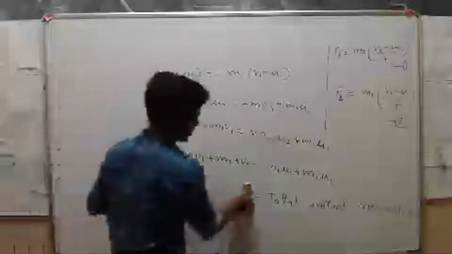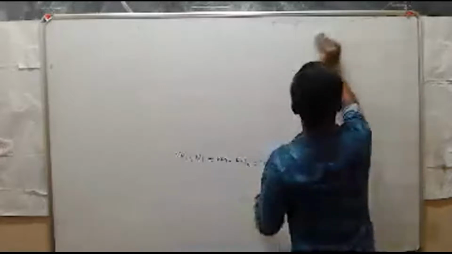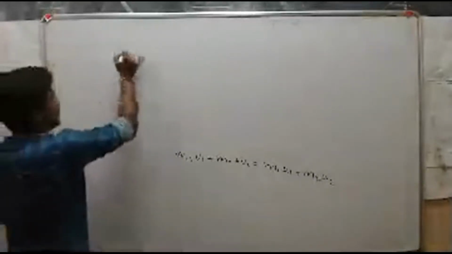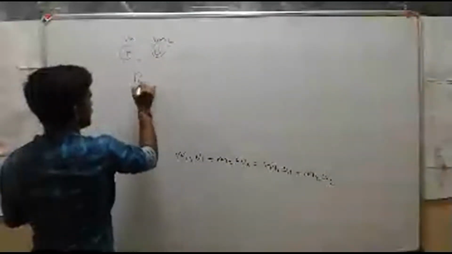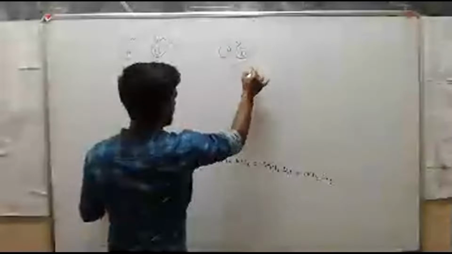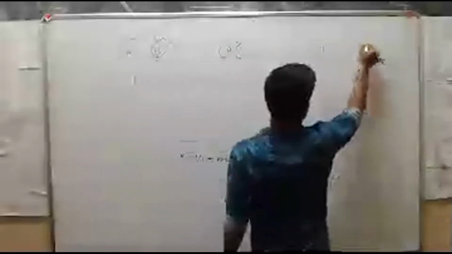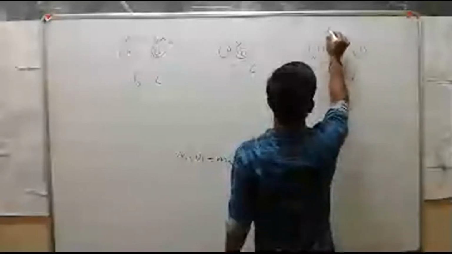See here, A, B, M1, M2. This is before collision, during collision, after collision. V1, V2.